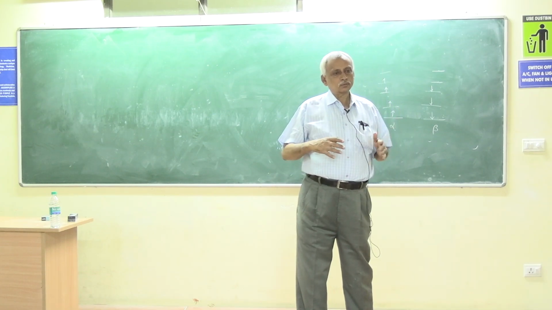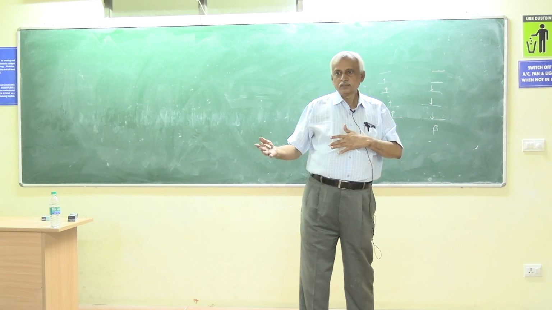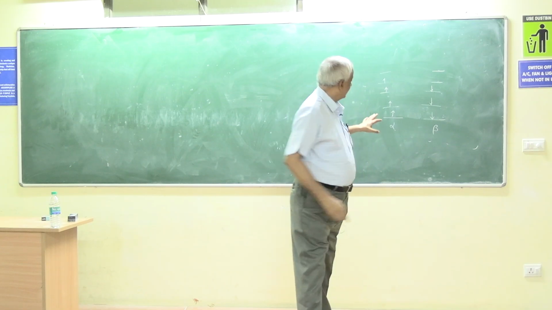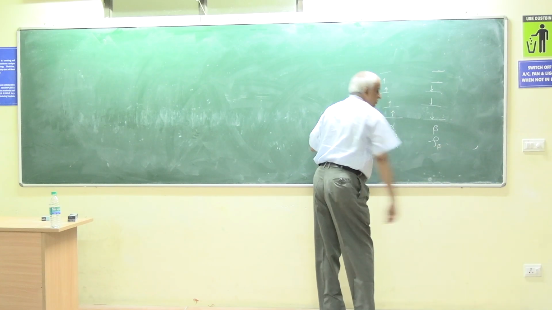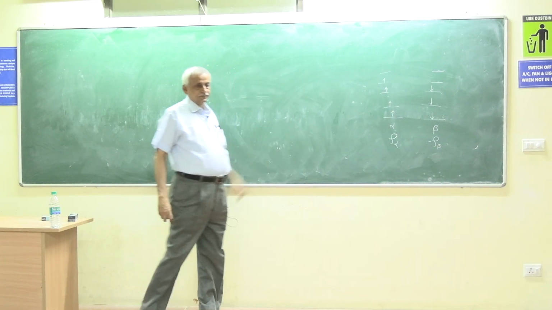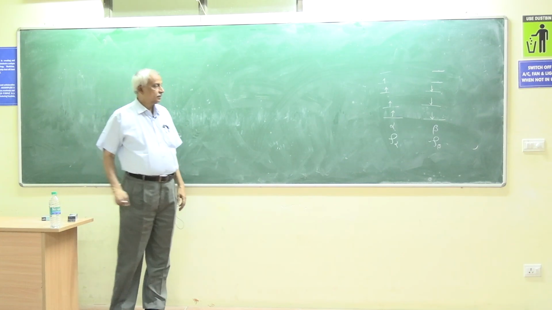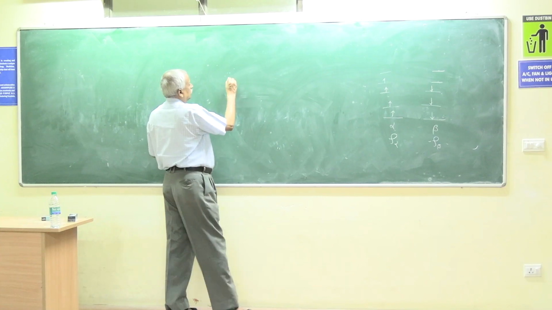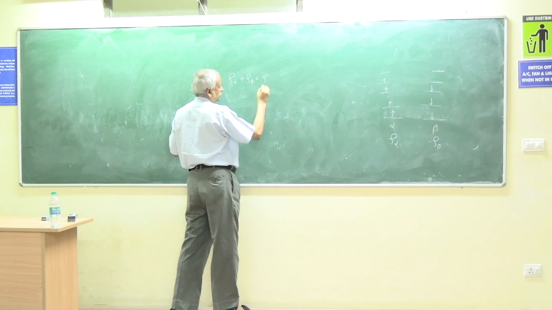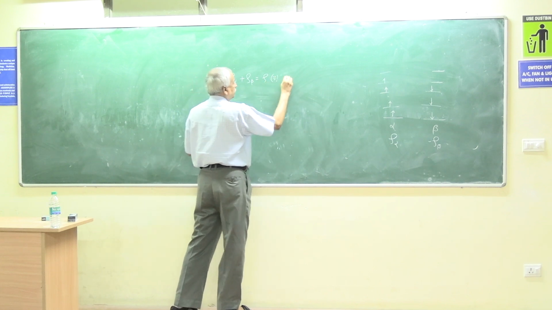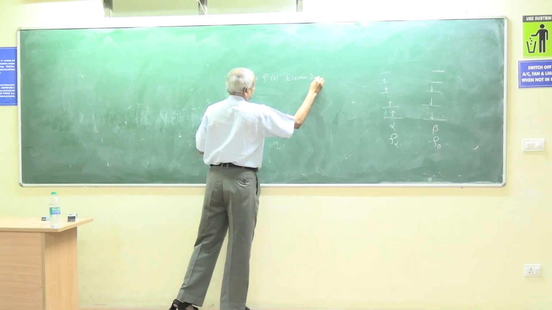Now suppose we want to describe the reactivity separately for alpha spin and beta spin. Let us say the density associated with this I will call rho alpha, and the density associated with this I will call rho beta. Then obviously rho alpha plus rho beta is your rho of r. This is what we call electron density.